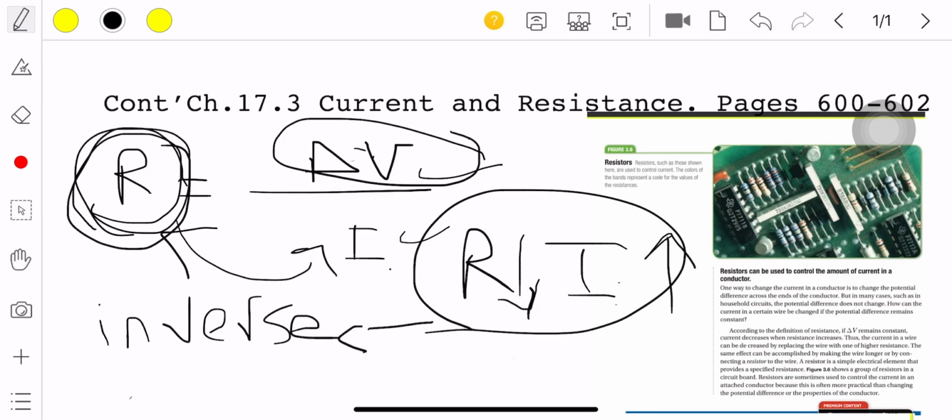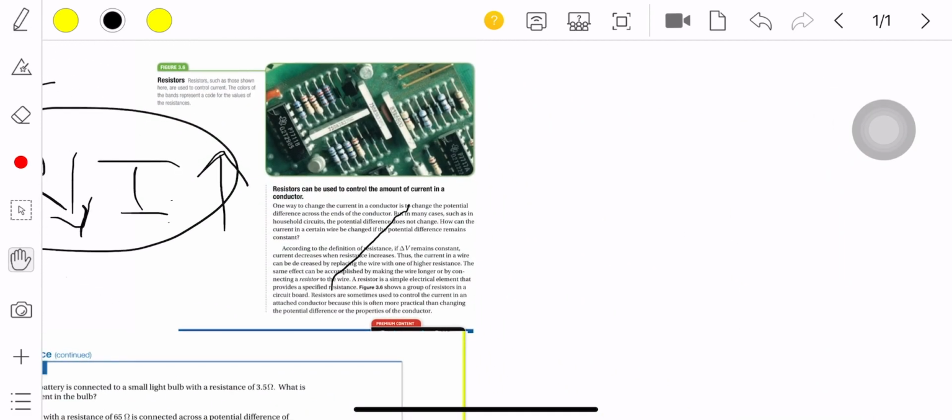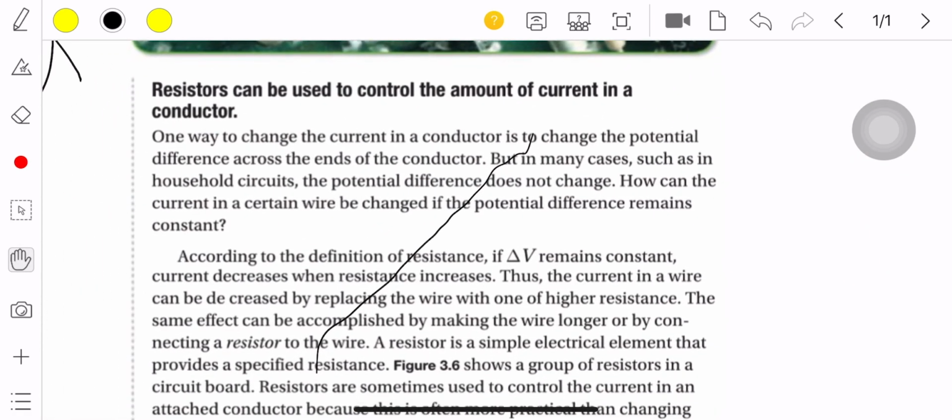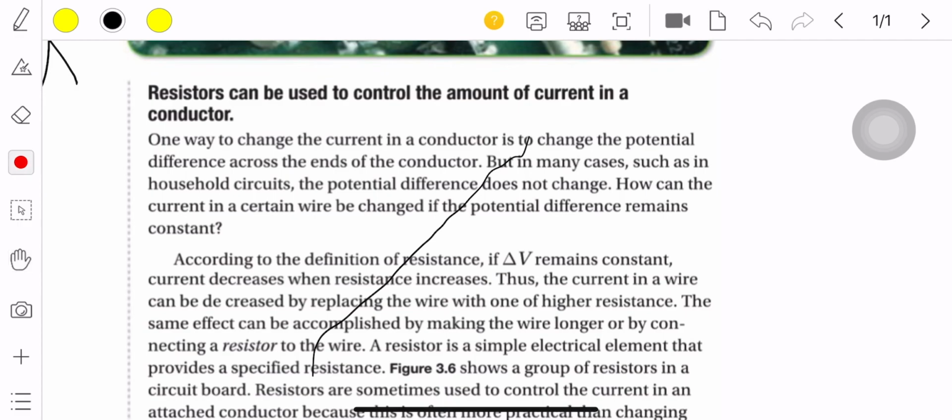What I want you to study from this page is just the title. What do we have here? Resistor can be used to control the amount of current in a conductor. So here we have a relationship between R, the resistance, and the amount of current I. Direct or inverse?